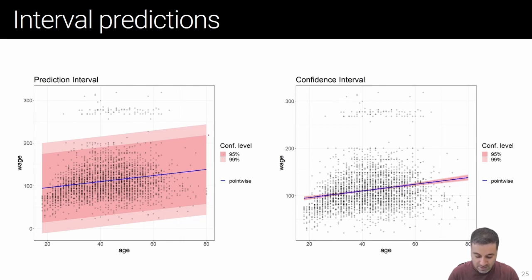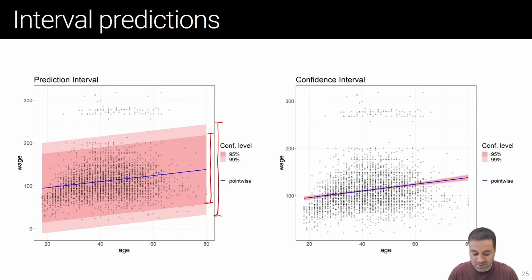In this case, this one here is a 95% prediction interval, and this one here is a 99% prediction interval. What this tells us is any given new observation is expected to come around this interval 95% of the times or 99% of the times.